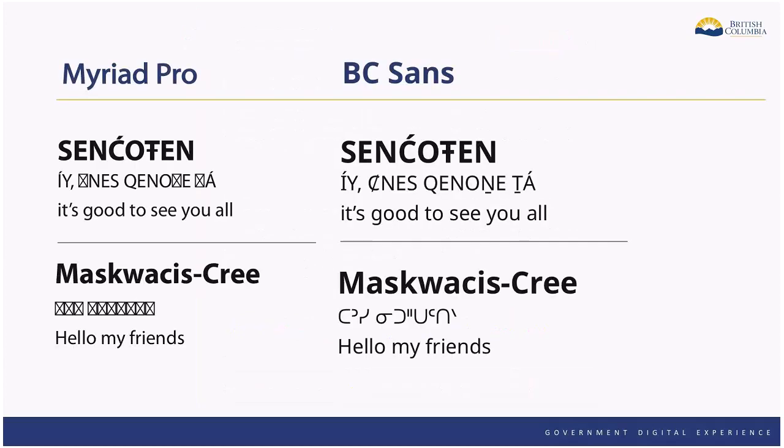So when we look at language support for Indigenous languages, we've done a quick comparison between our original font, Myriad Pro, and BC Sans. What you can see is that when a browser or computer is trying to render a character that it doesn't recognize, because it's not found in that font family, it'll create these boxes that have X's in them, or sometimes they'll be empty.